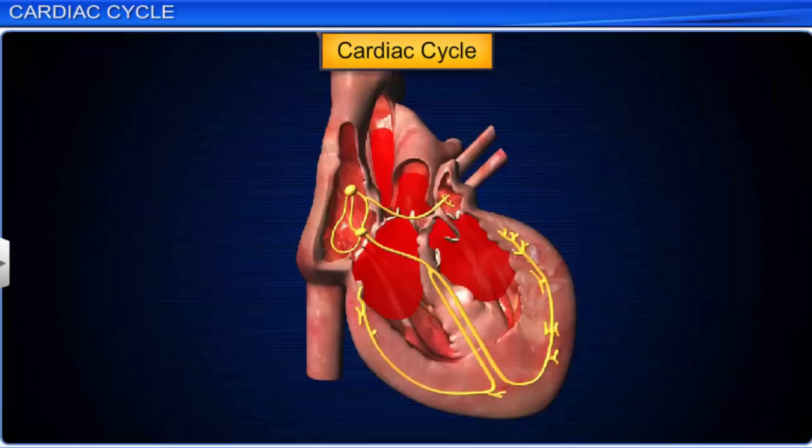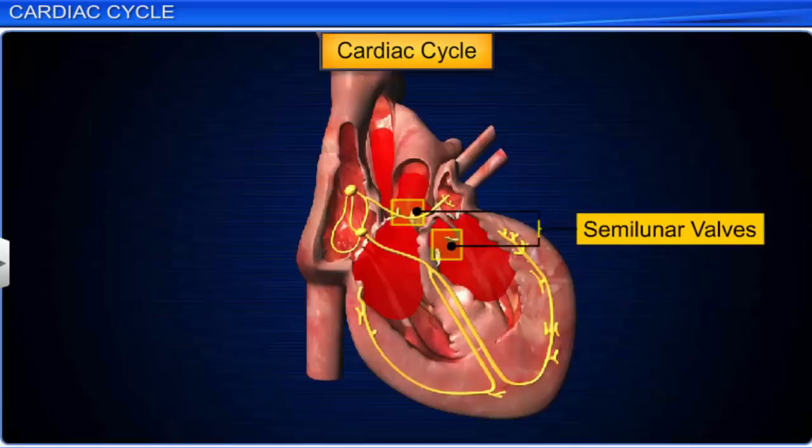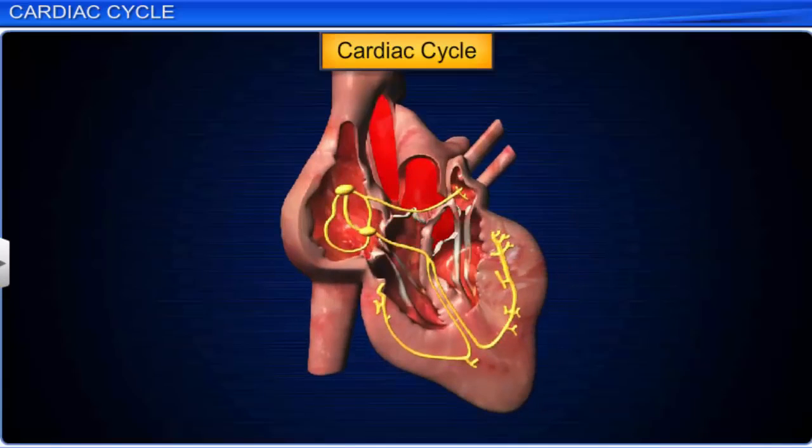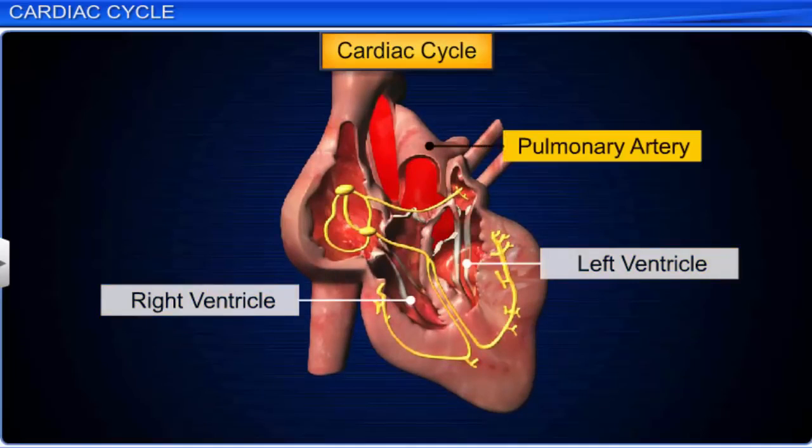The ventricular systole also causes the opening of the semilunar valves of the pulmonary artery and aorta. This causes blood to pump from the right and left ventricles to the pulmonary artery and aorta respectively.